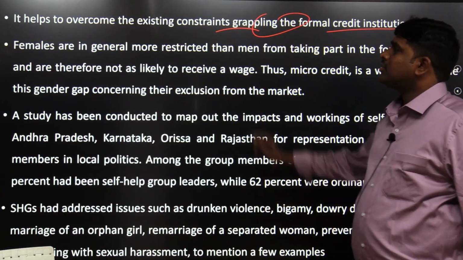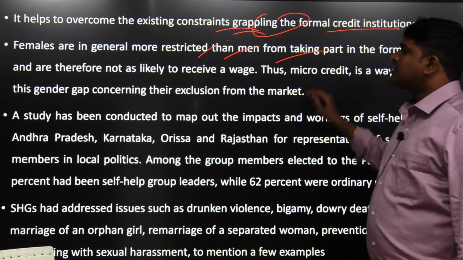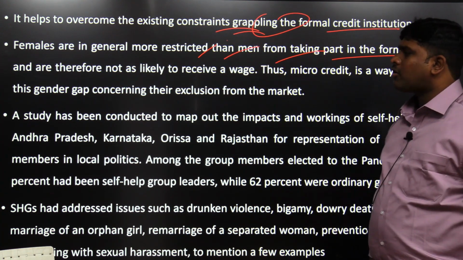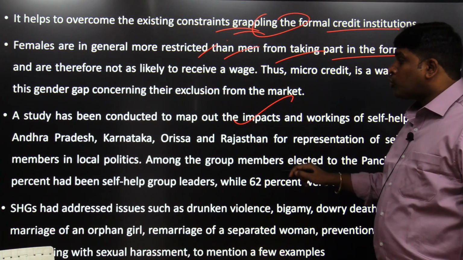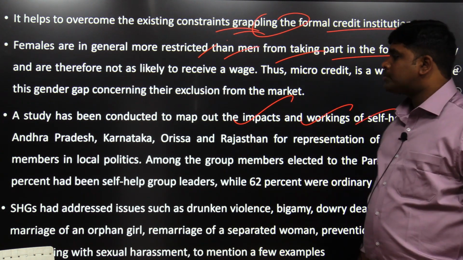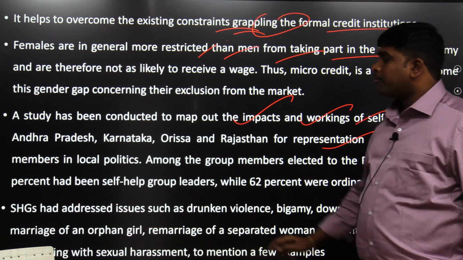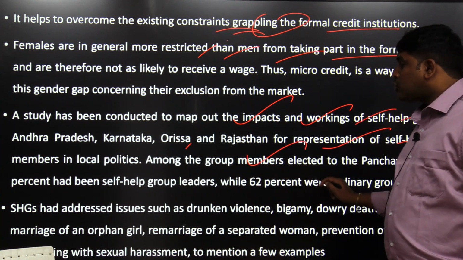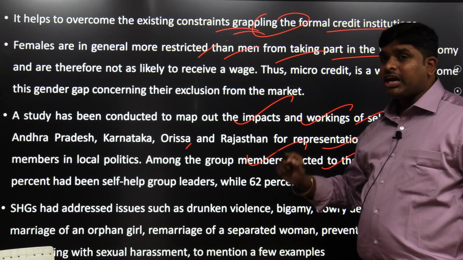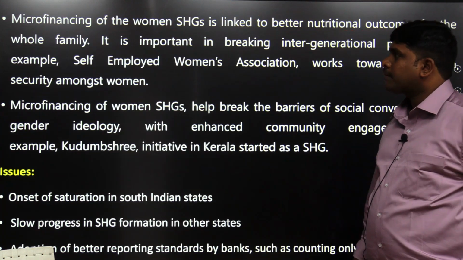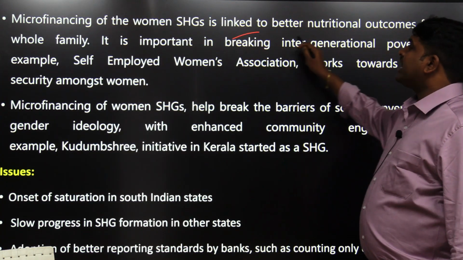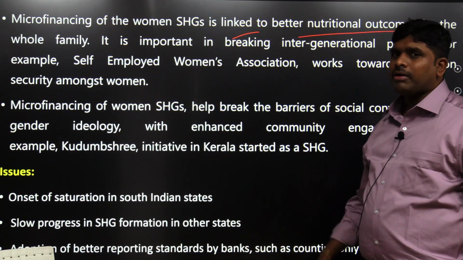Role of microfinance. Females are in general more restricted than men from taking part in the formal economy. A study has been conducted to map out the impacts and working of self-help groups for representation of self-help members in local politics. Among the group members elected to the panchayat, about 48% had been self-help group members. Microfinancing of women is linked to better nutritional outcomes for the whole family.